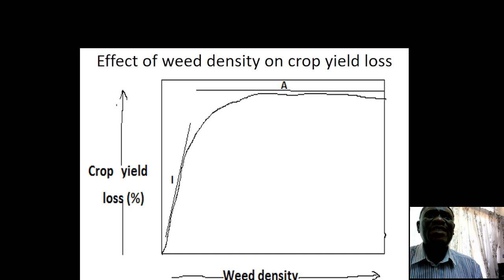So for a weed, we can know what maximum loss it can do, and the speed at which it can reduce the yield can also be known. These are the two important parameters.